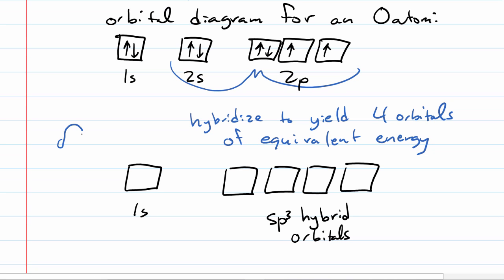It basically has 1 small lobe and 1 large lobe. So again, it has some traits of both pieces. It has this large piece like an s, but it has 2 lobes like a p.